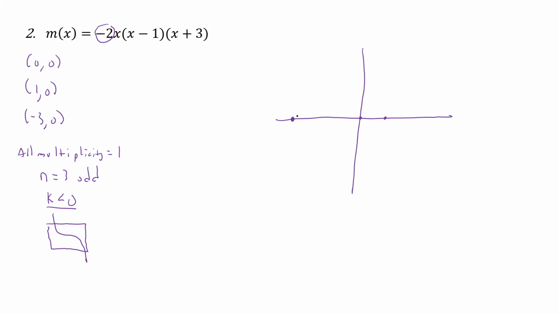Okay. So we know it's coming down from here and it's coming down from here. And we know because of the multiplicity of 1, it's coming through those points all the time. Okay, so all we can say is, let's say we come down here. We know it comes down, but we have to come back up here because we have to go through here.